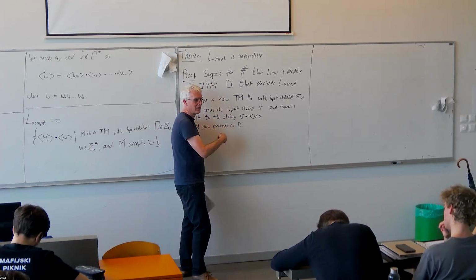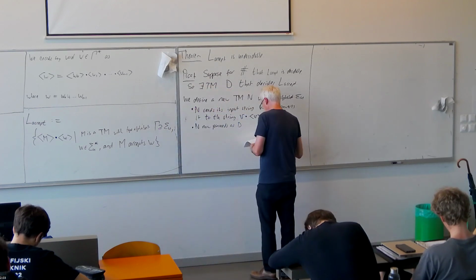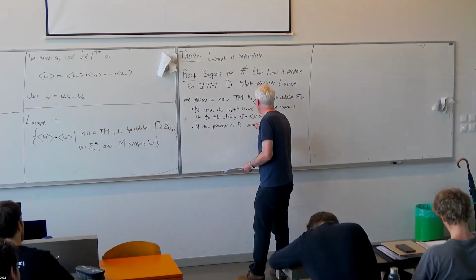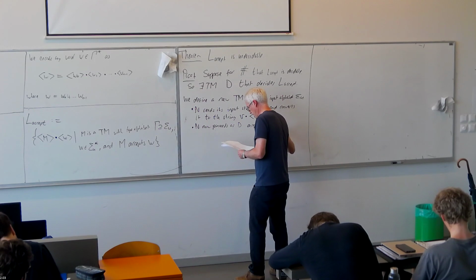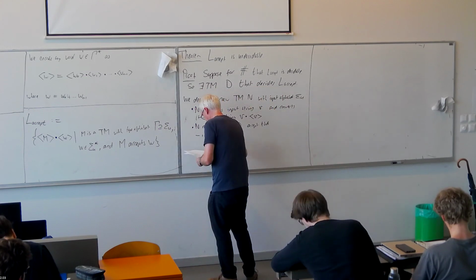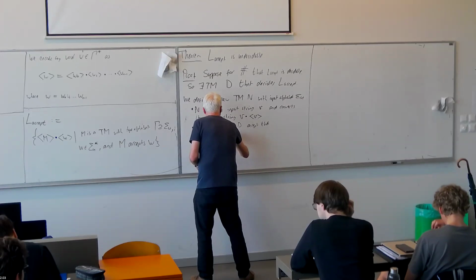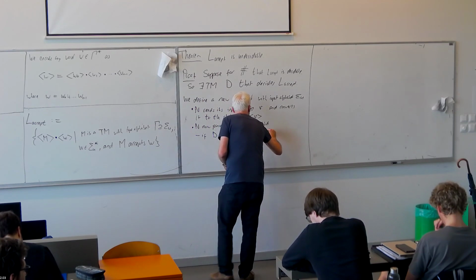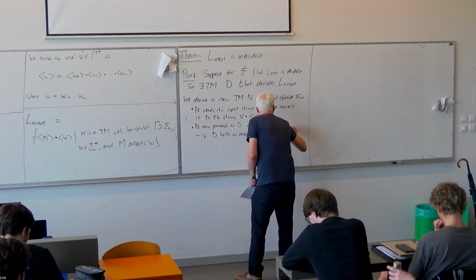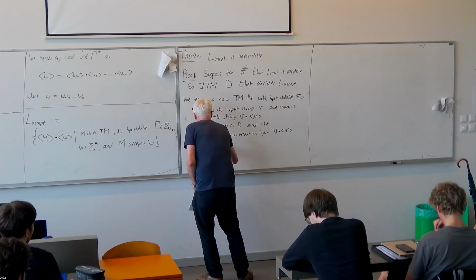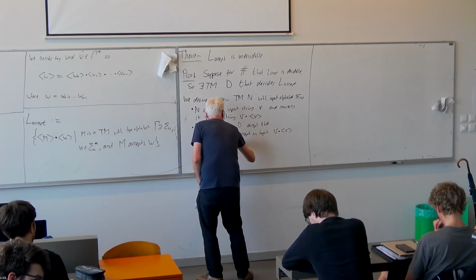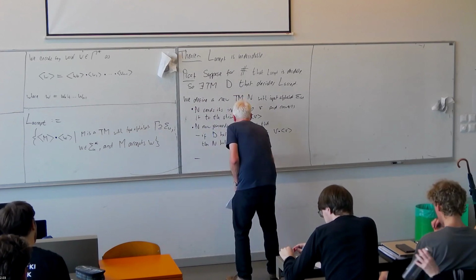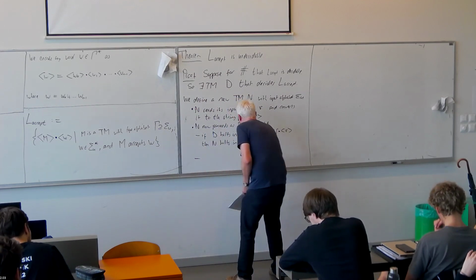And if D were going to reject this, N will accept it. Except that at the end of the computation, if D halts in accept on input V followed by the encoding of V, then N halts in reject. And conversely, if D halts in reject, then N halts in accept.